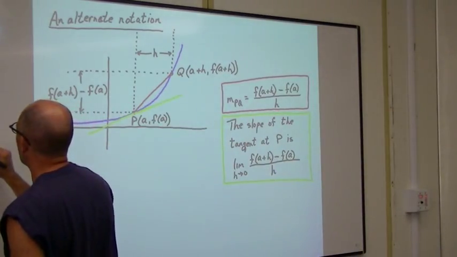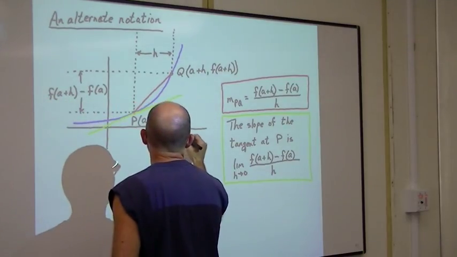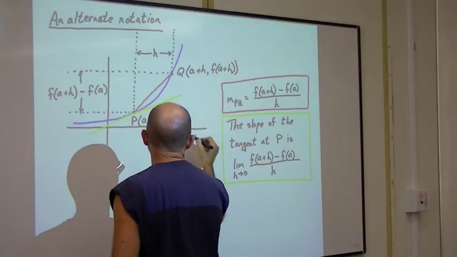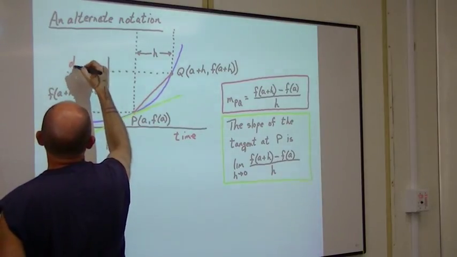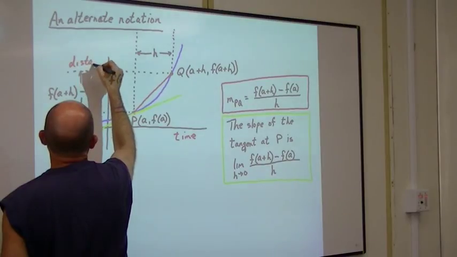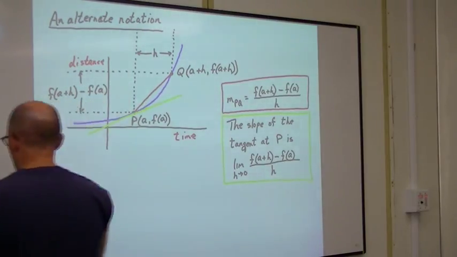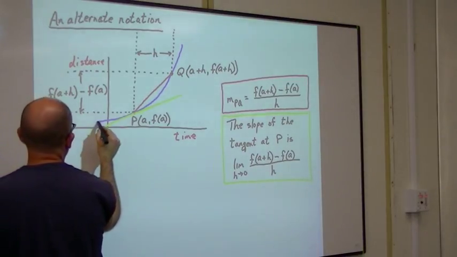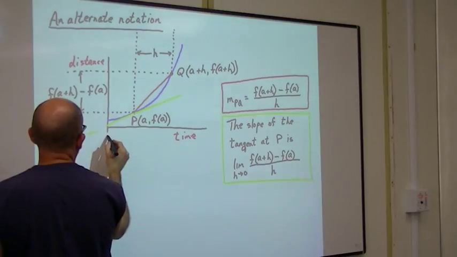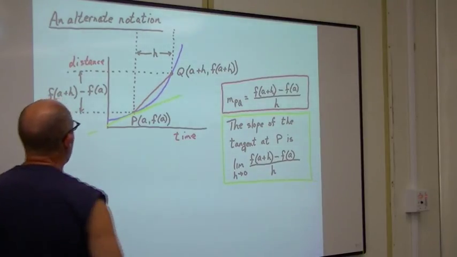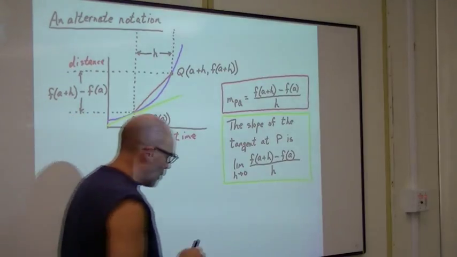Okay, so we have time here, and we have distance here. Well, clearly, we can't have any negative time. We can't go back in time. Okay, so notice what's going on here.